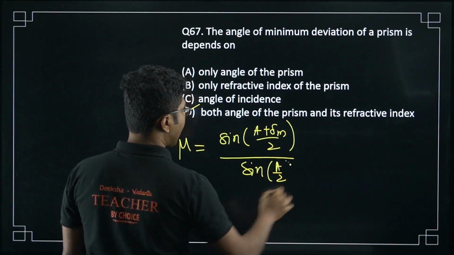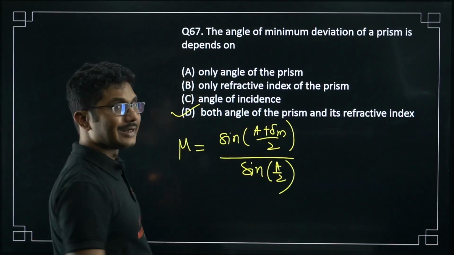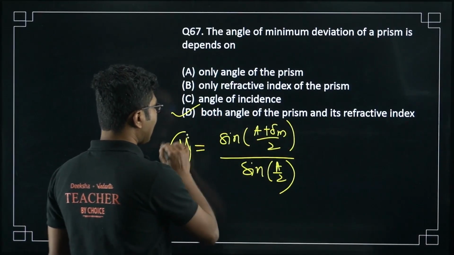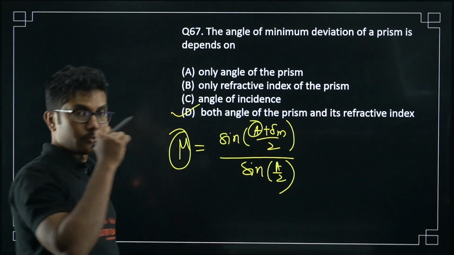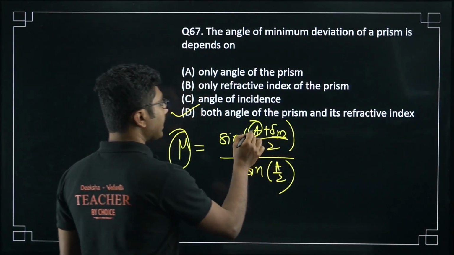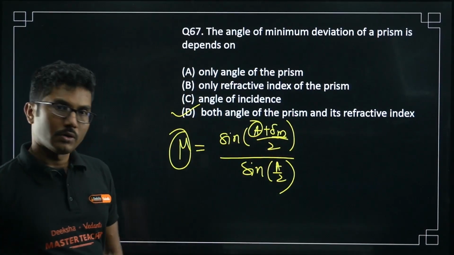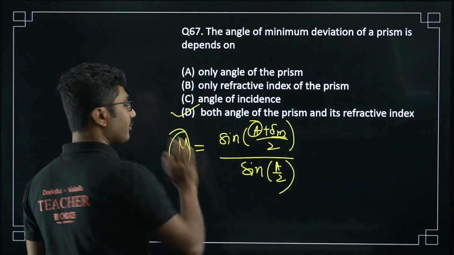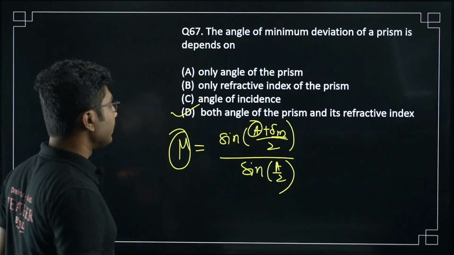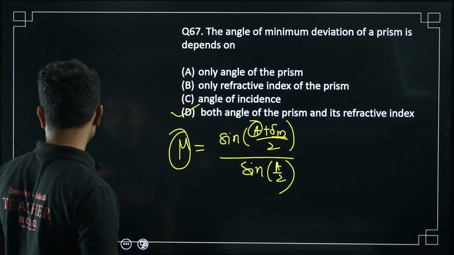So mu and A for a given prism are constant. So delta m basically depends on A and mu. Okay, so delta m is fixed for a given prism, because mu and A are constant, right? So it depends on angle of prism as well as refractive index.